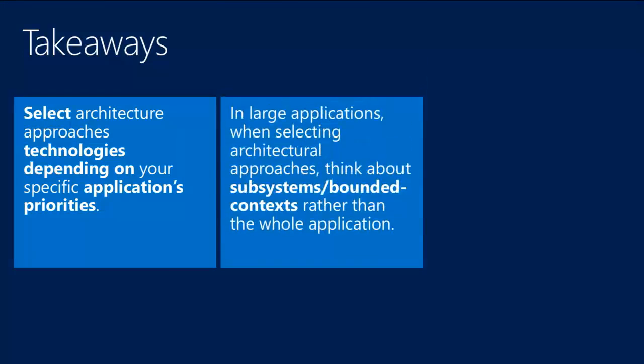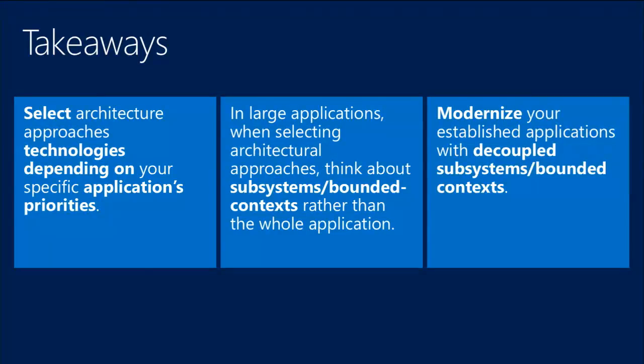Second, in large applications, please do not select one top architecture and then do everything using that approach. You've got to think about what kind of subsystems you have. If it is your core domain, you should use one approach and different technologies. If it is a collateral subsystem or something which is very data-driven, then you could use other technologies.